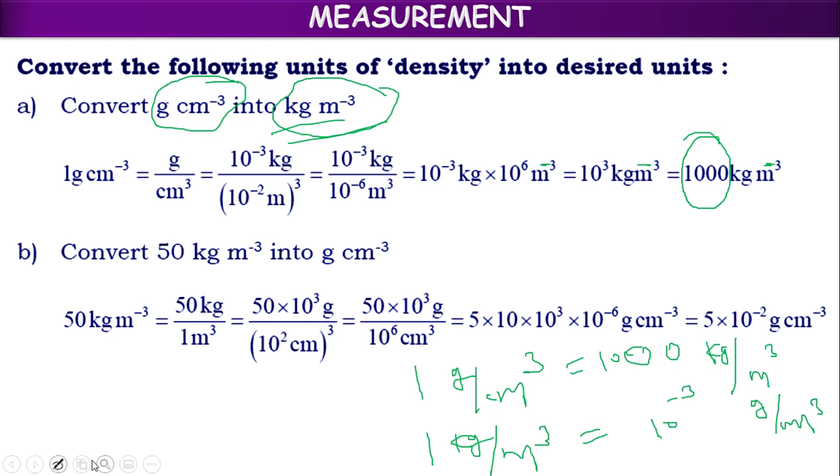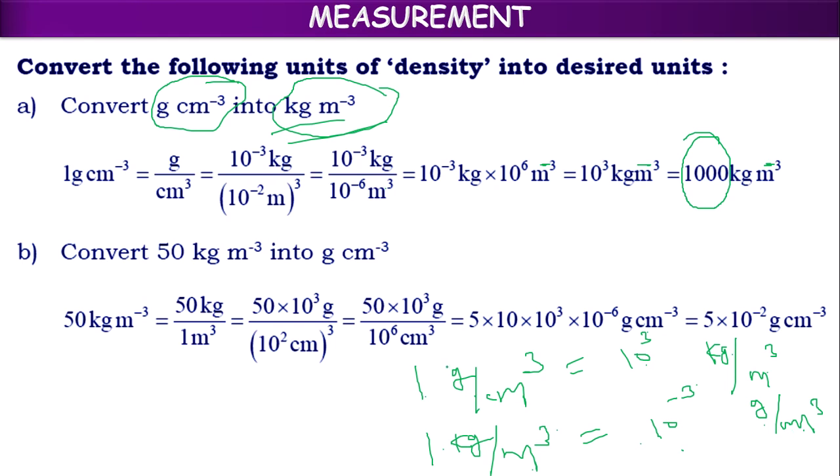And 1000 means 10 cube. So 1 gram per centimeter cube equal to 10 cube kg per meter cube, and 1 kg per meter cube equal to 10 power minus 3 gram per centimeter cube.